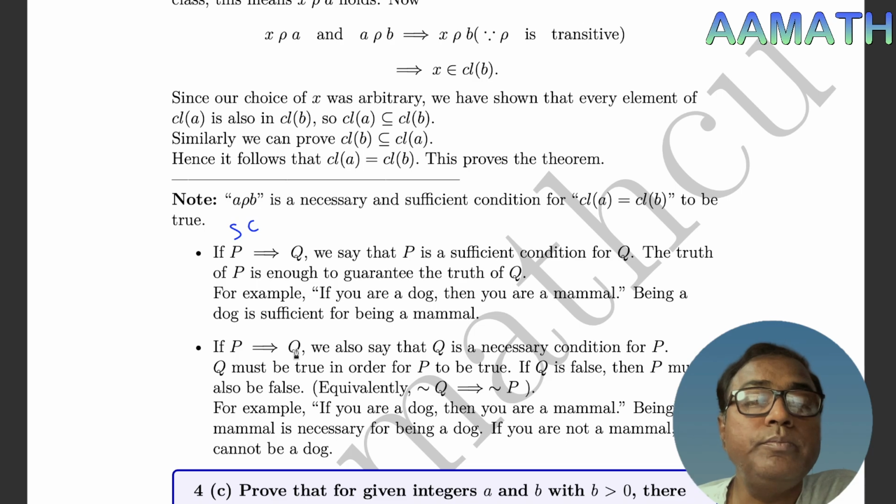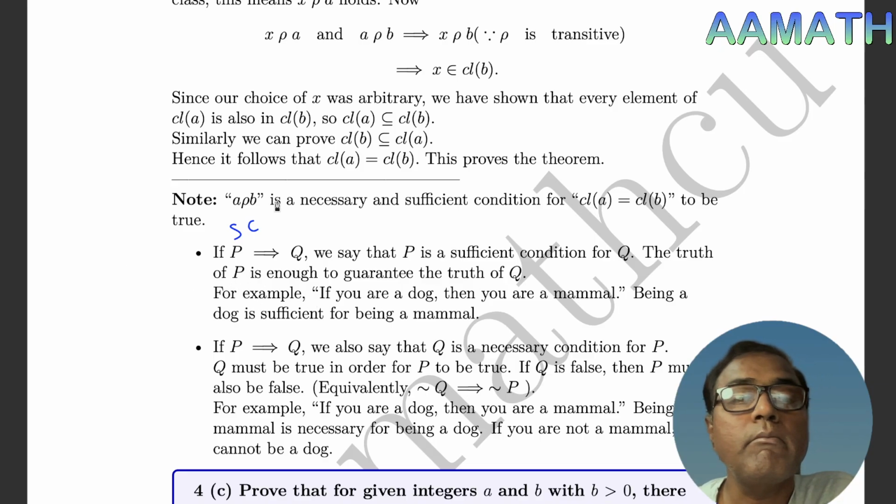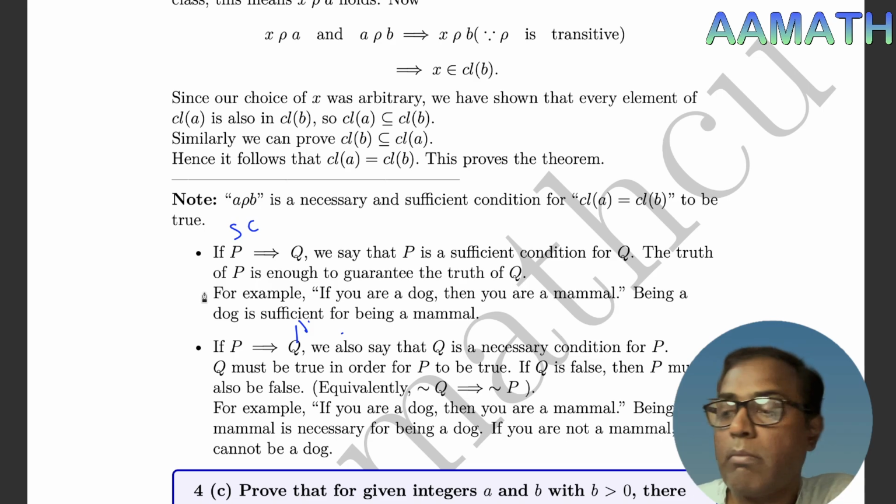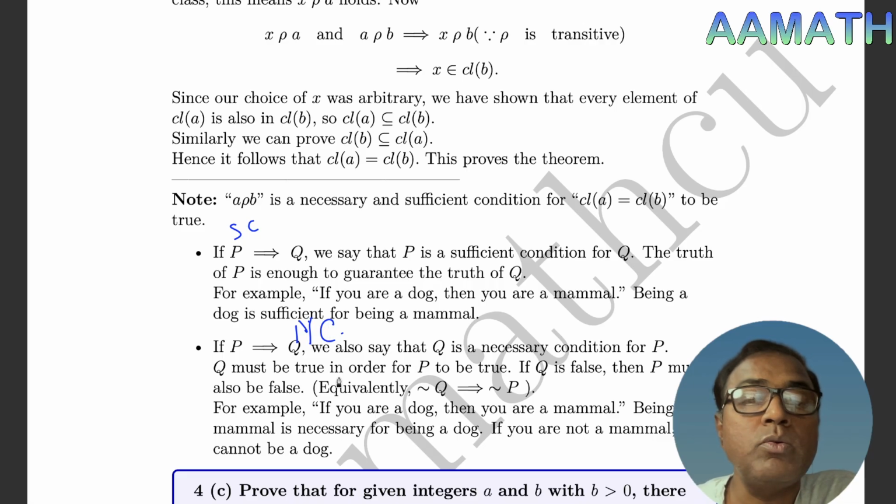Next, P implies Q. We also say that Q is the necessary condition for holding the condition P. Q must be true in order for P to be true.